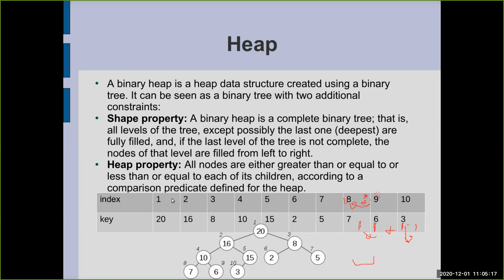But for every index, when I have a tree of height, let's say 1, 2, 3, 4 levels of nodes, I am able to exactly determine the index of a particular node. So the first node is a root.